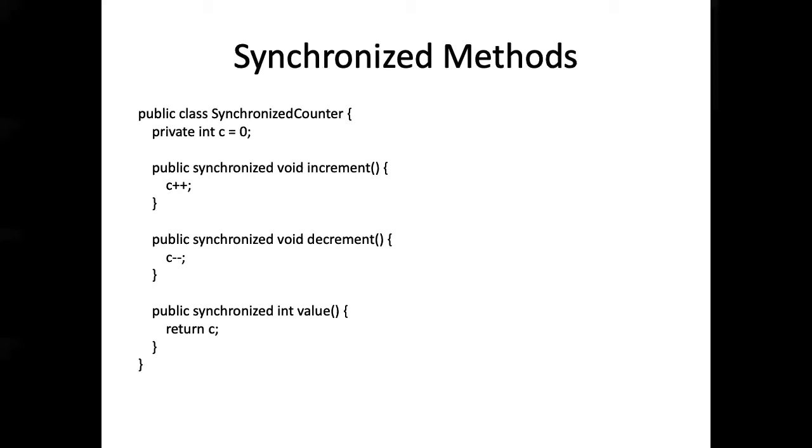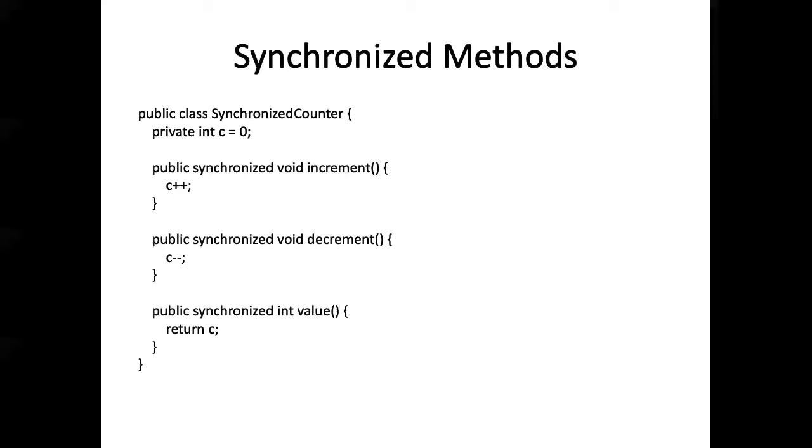Because you own the lock, you are allowed to call other methods recursively. So these methods are allowed to be recursive, or not even recursive. They're just allowed to call each other. So right now, increment is void, but it could return an int. And the way it might do that is by returning a call to the value function. That would be okay.